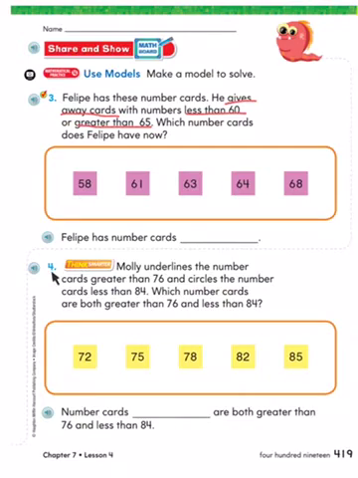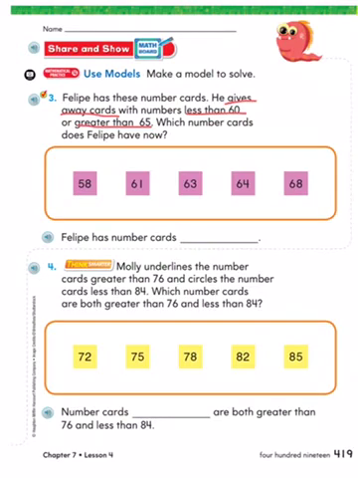Then number 4 says Molly underlines the number cards greater than 76 and circles the number cards less than 84. Which number cards are both greater than 76 and less than 84? Interesting.